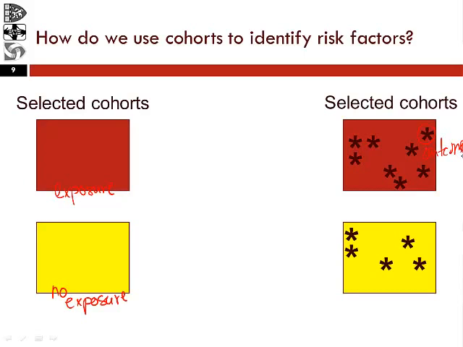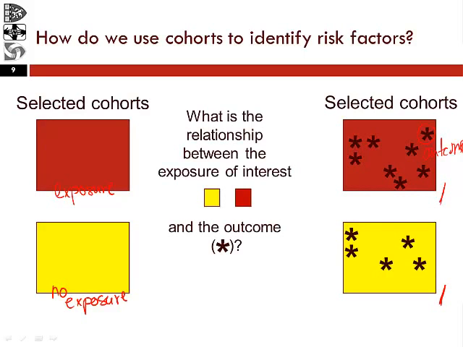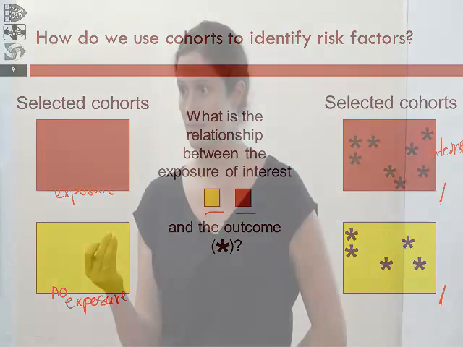Oops, I'm out of room. Who had the outcome and who did not? And do I see differences in the rates of outcome between those who are exposed and those who are not exposed? My primary question is, is there a relationship between the exposure, either not exposed or exposed, and having the outcome?